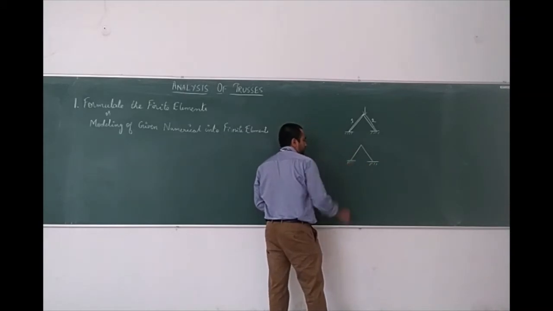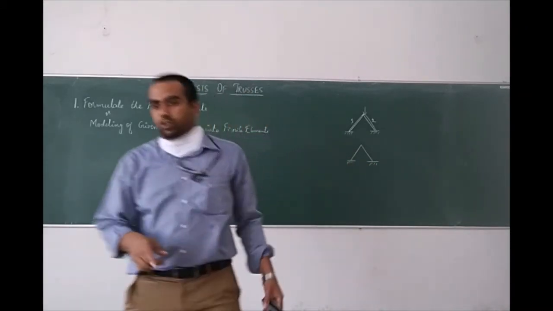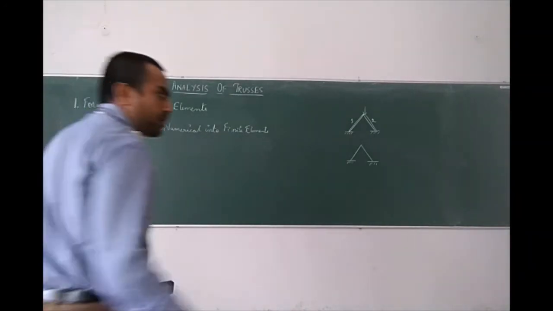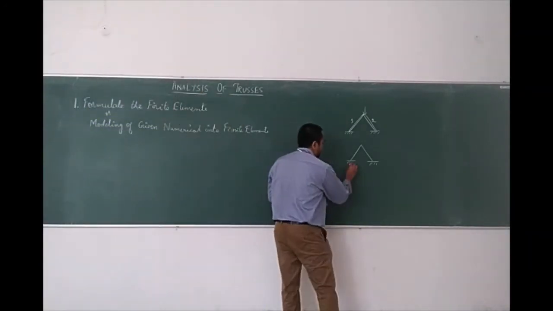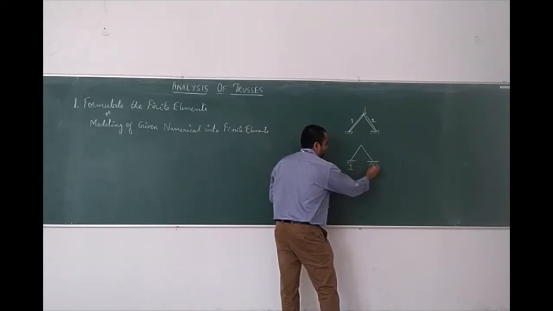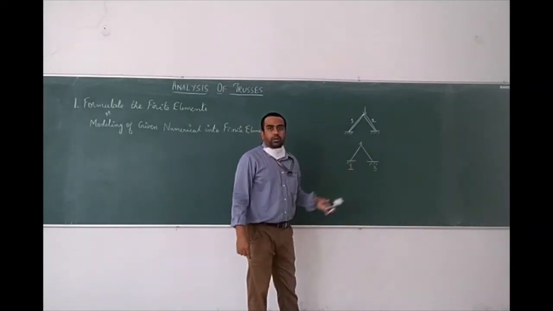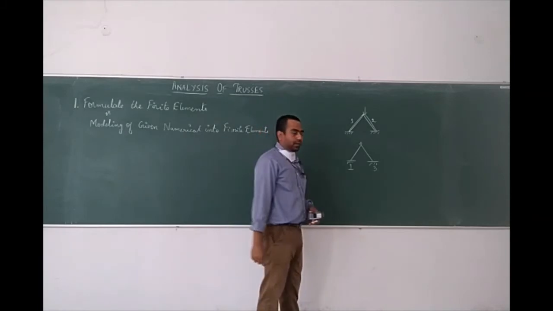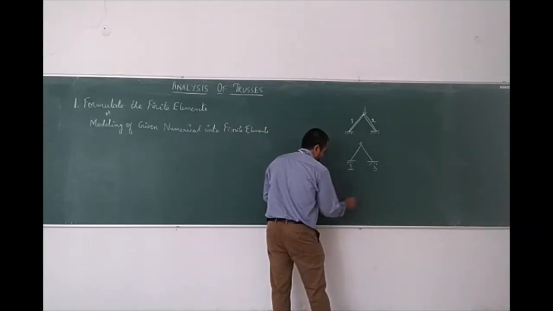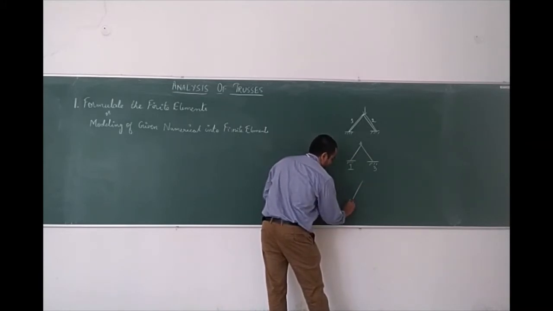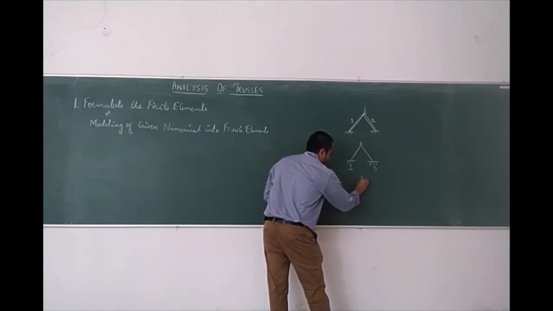Node numbering. Again, if I use a different colored chalk for this, so this will be numbered as 1, this will be 2, this will be 3, and when I want to write the finite elements separately, I can do it as this is 1, 2, the nodes being at these locations.